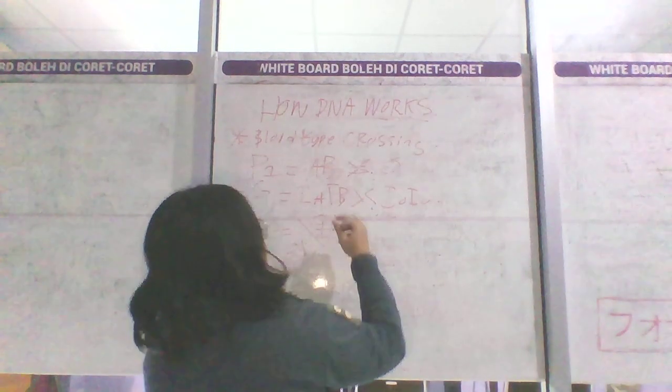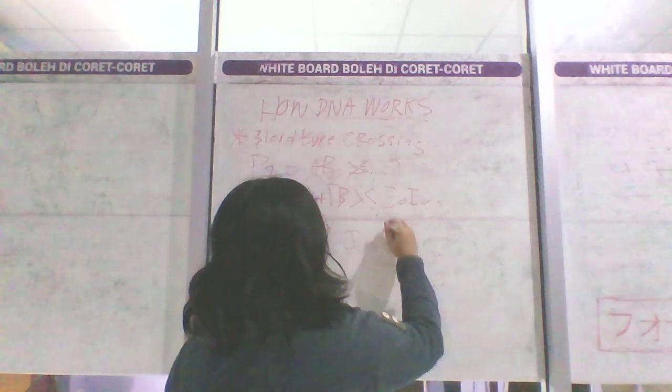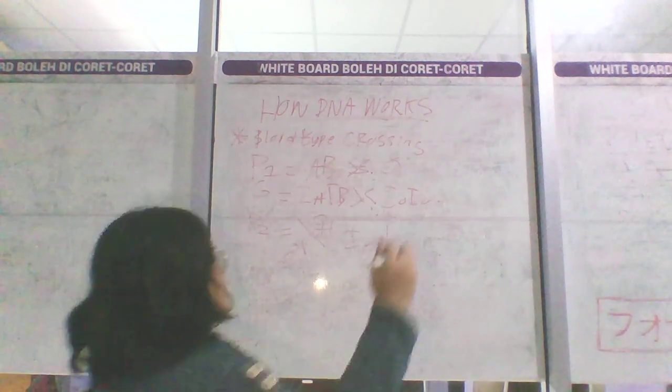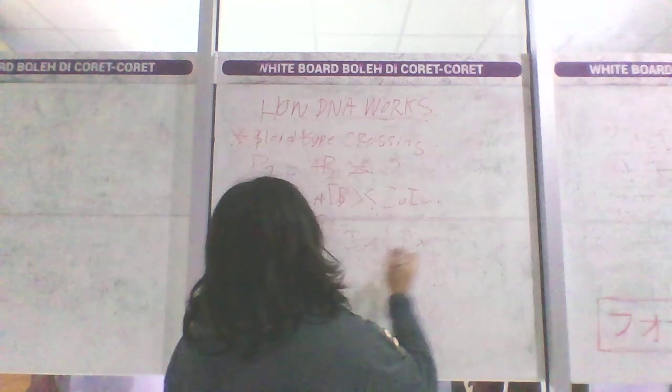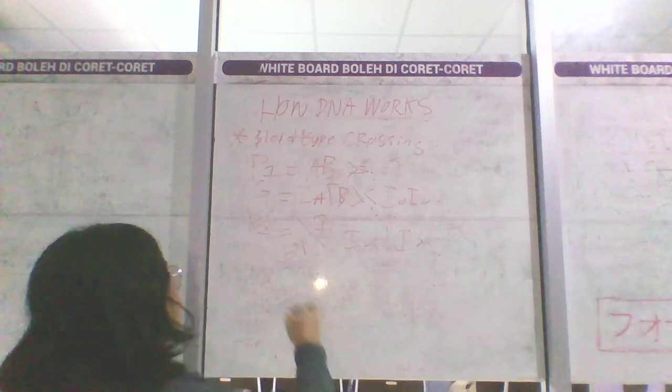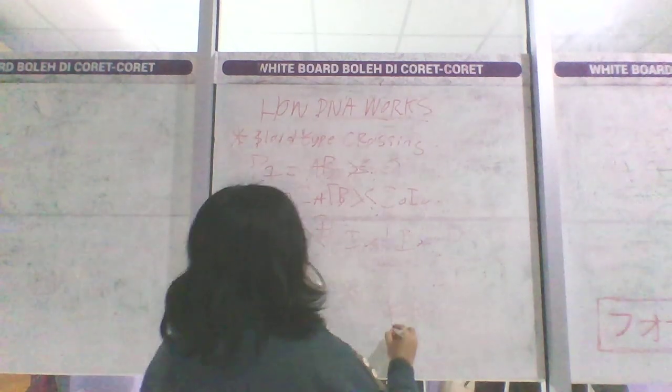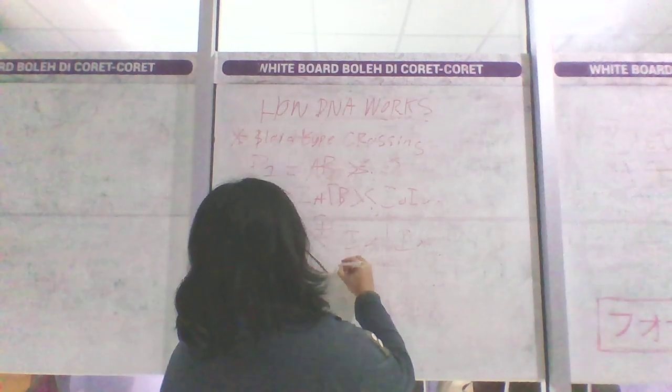So the female we have IO. We can also use the table graph approach to make it easy. IO, and then the male we have IA and IB. So we just cross it like this.